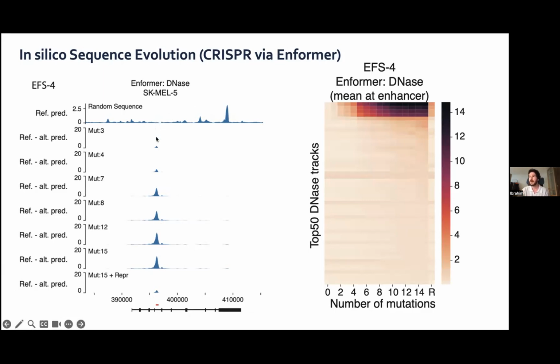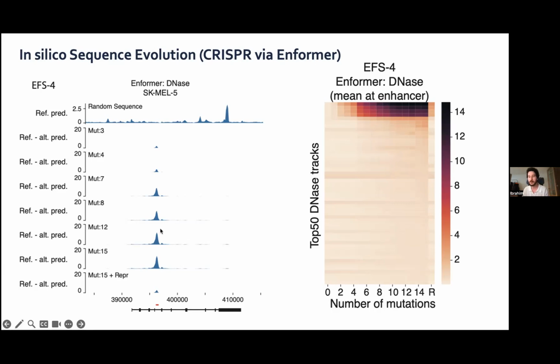If we check after 15 mutations which tracks have the highest prediction score among the 600 different cell lines and tissues, the top 4 are 2 SKML and 2 other types of melanoma cell lines. So it shows us that it is very specific to the enhancers that we designed with the help of our model.